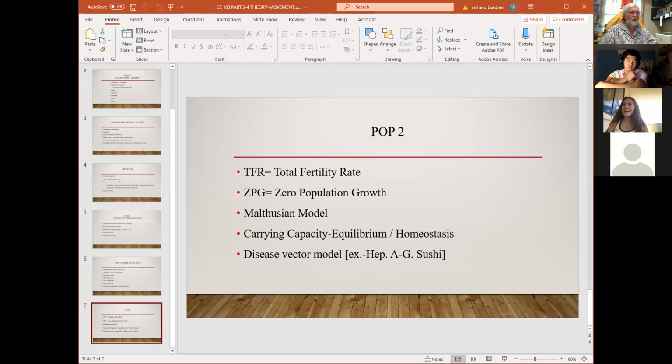The first of these is a guy named Malthus, and to be honest, I can never remember where Malthus came from. I'd say German or Austrian, but I don't remember exactly. But his proposal was very simple. Let's flip over here.